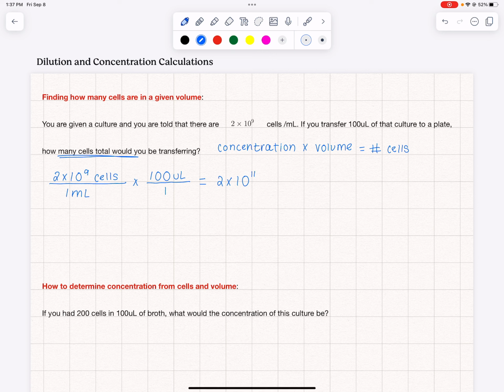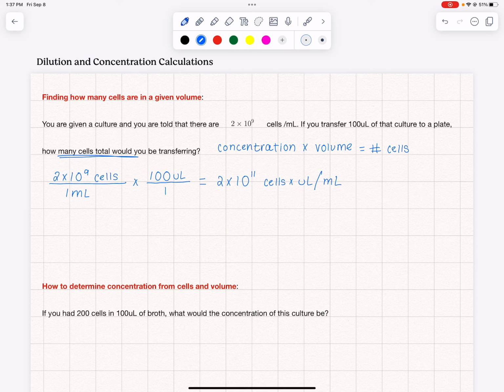But what you'll notice is that our units are inconsistent. So if we were to transfer our units, this would actually be cells per microliter, cells times microliters over mils.